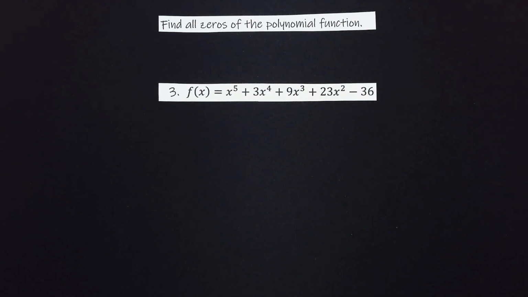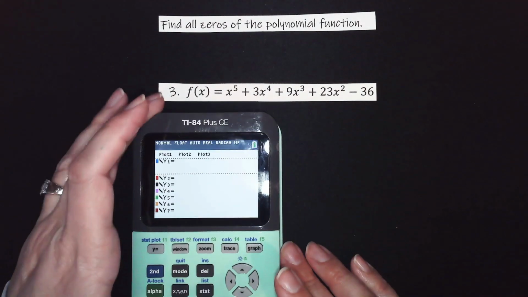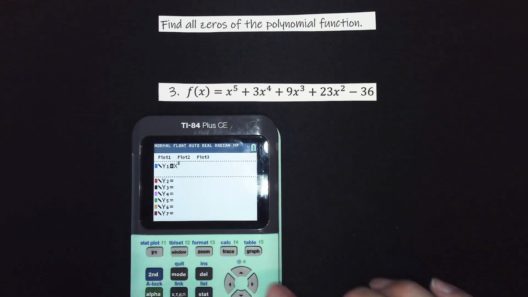So we first need to think of what are all the possible zeros we could have by taking the plus minus p over q like we did in the last section, or taking our graphing calculator and typing in the equation.